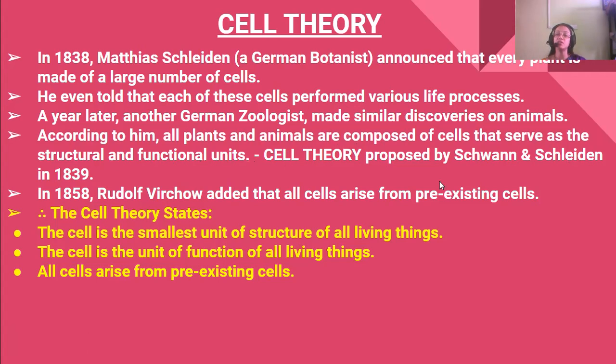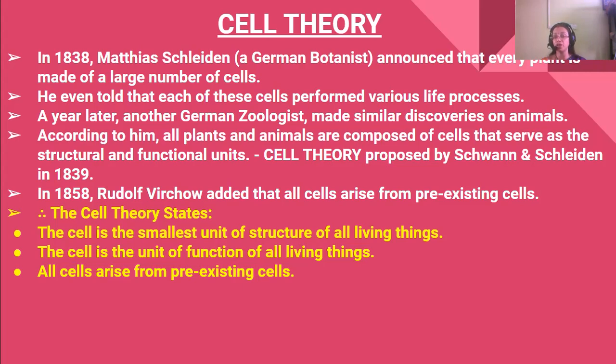Okay, now this is the cell theory proposed by Schwann and Schleiden in 1839. In 1839, both of them produced a cell theory which said that all plants and animals are composed of cells, which are the structural and functional units.